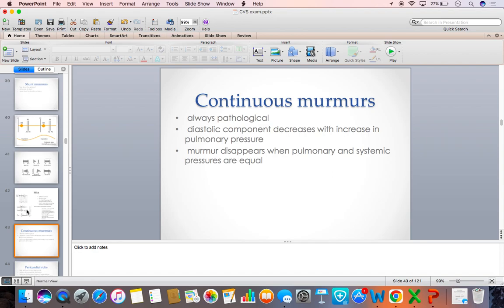Then let us talk about the continuous murmurs. These are always pathological. The diastolic component decreases with increasing pulmonary pressure. When the pulmonary and the aortic systemic pressures are equal, the murmur disappears.